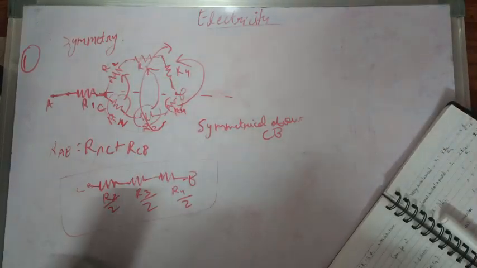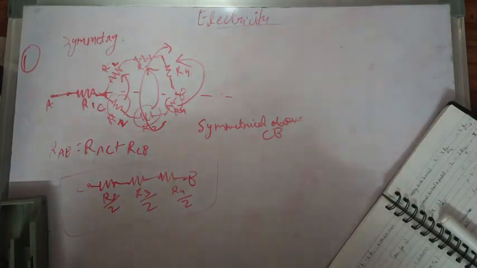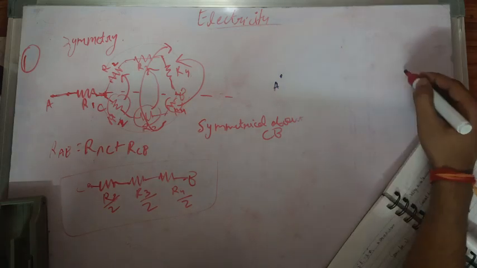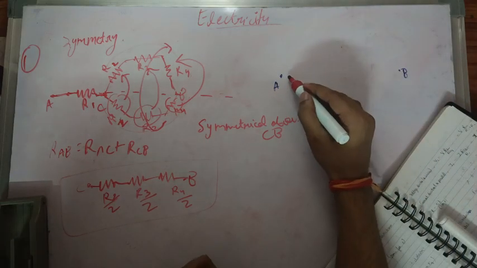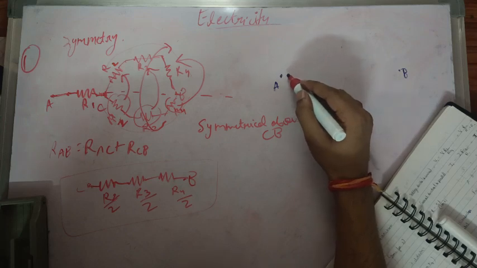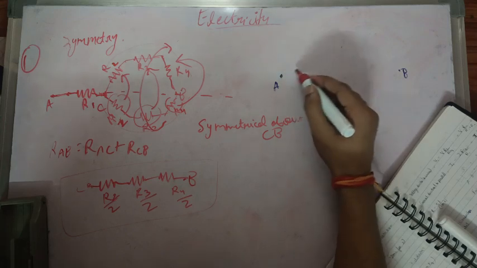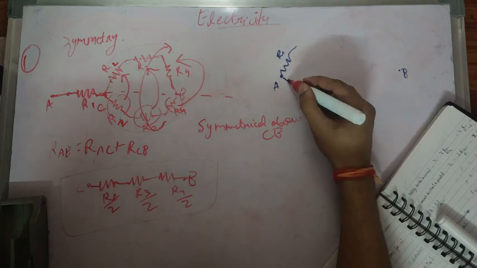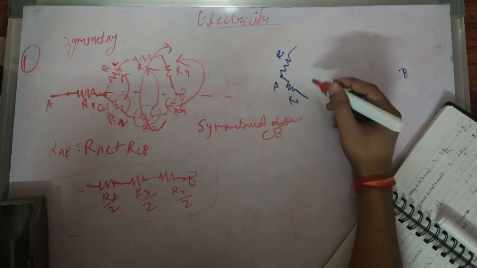Now let's take another example, which is more complicated. Let's say this is the A end and this is the B end. There is a resistor here, let's say this is R1 and another resistor here, R1.